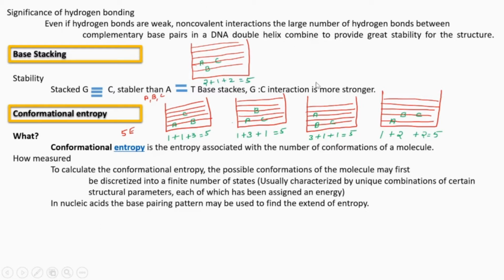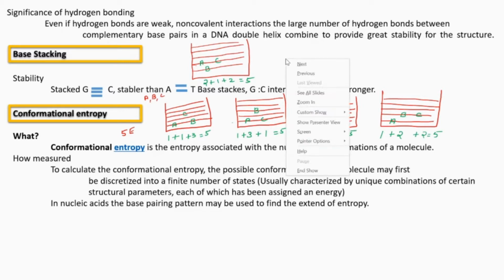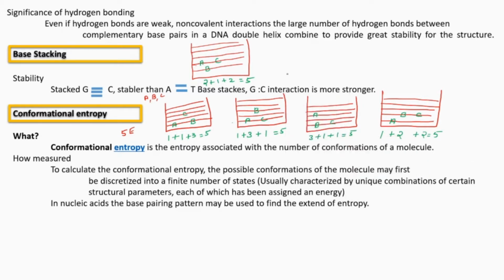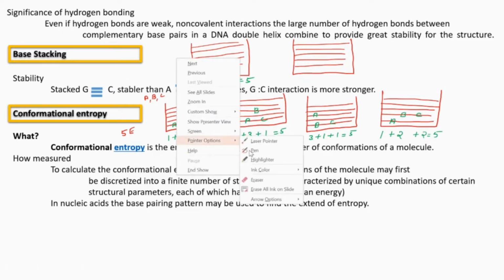Is there any other possible way of organizing? Yes, we can check that. One more is possible with these 3 molecules in this 5 energy level limitation. The same box again, 5 energy levels, 1, 2, 3, 4, 5.